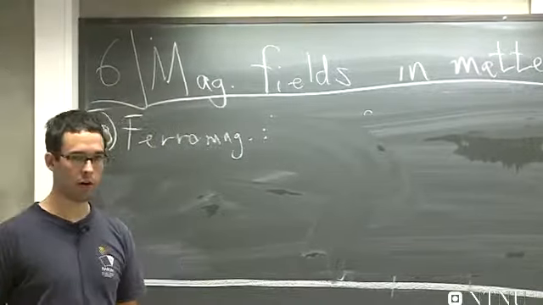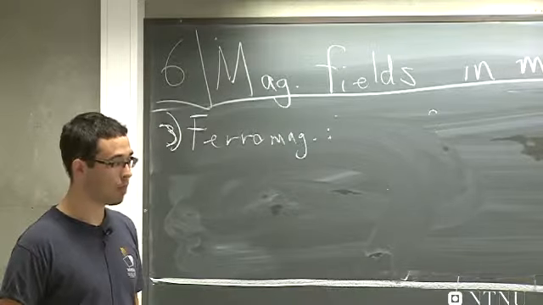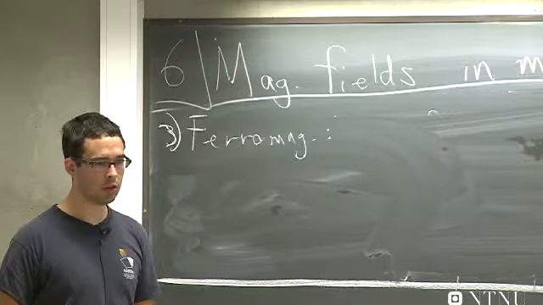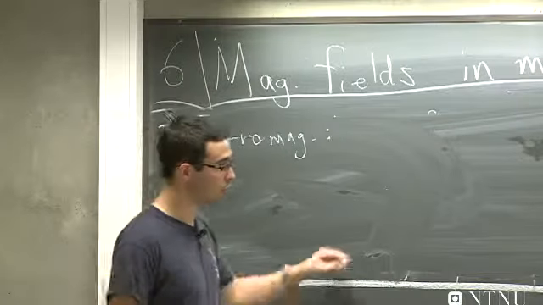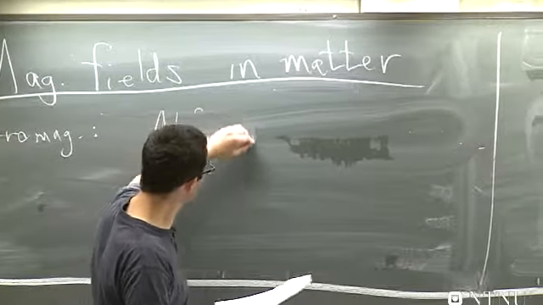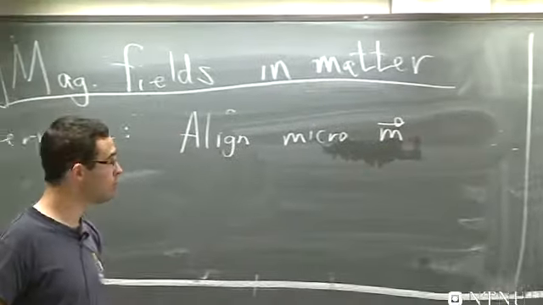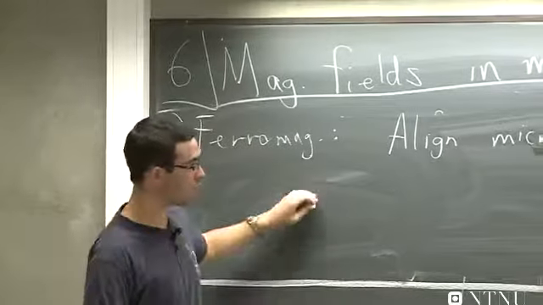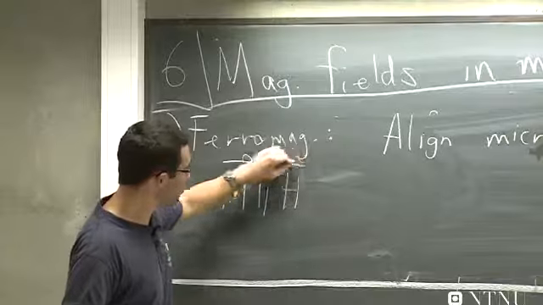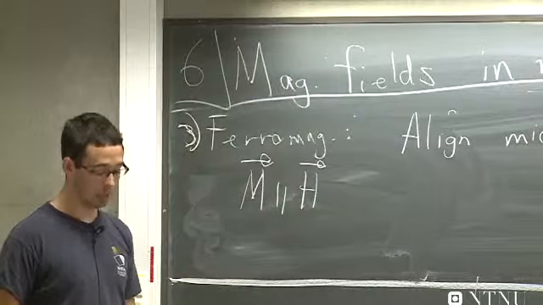The ferromagnets are basically similar to the paramagnetic materials in that you have an intrinsic dipole moment in the material. You just start to align it when you apply an external field. That's the basic mechanism. And the result is again that the magnetization points in the same direction as the H field, or the applied external field.